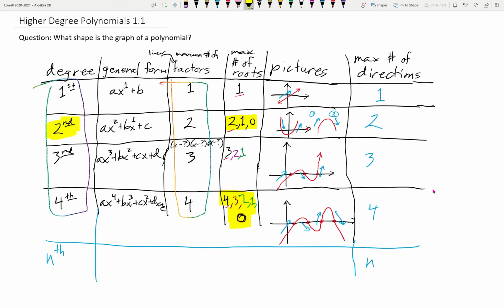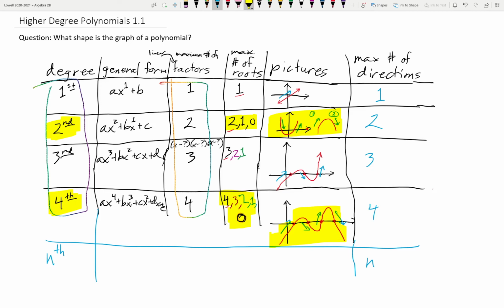For example, in this quadratic right here, if the graph starts off positive on the left and you keep going all the way to the right, you will end up positive as well, or you will start negative and then end up negative. Same case with a fourth degree polynomial. You start off negative, you go through your camel humps, and then you end up negative again.